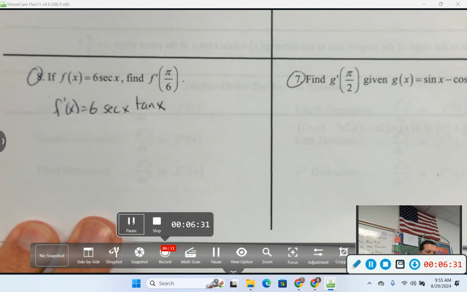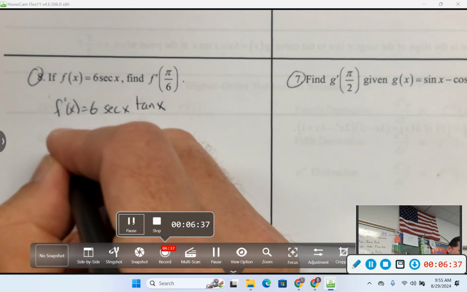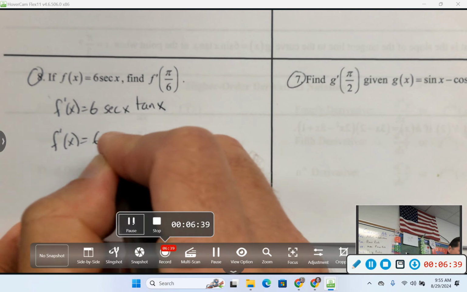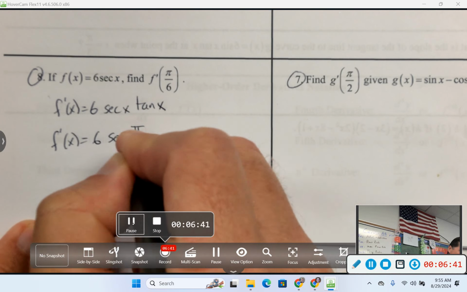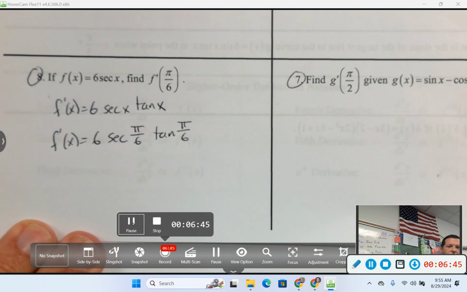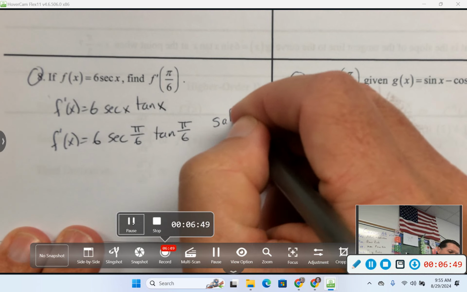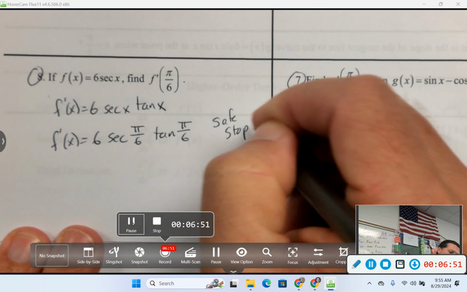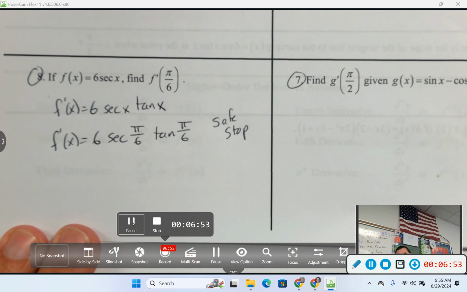But I'm not done with this problem. What else do I need to do? Plug in pi over 6. 6 secant of pi over 6 tangent of pi over 6. And if you thought leaving a square root in the bottom was wild, you're allowed to leave that.